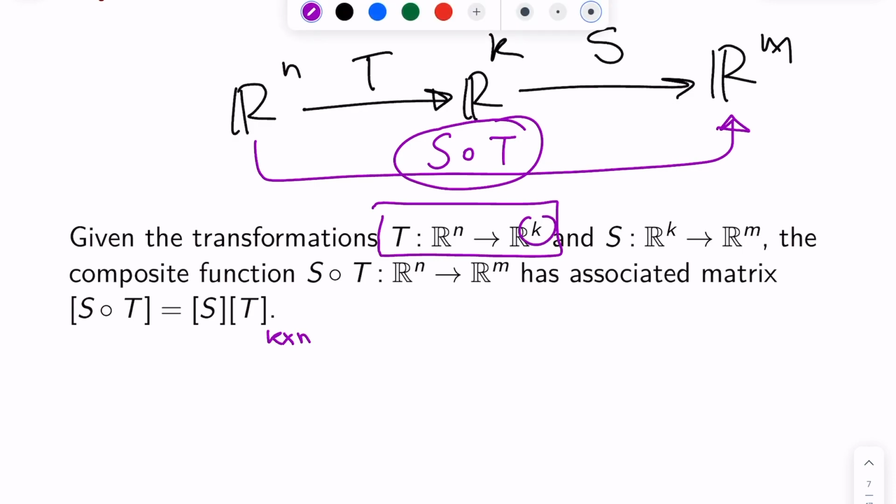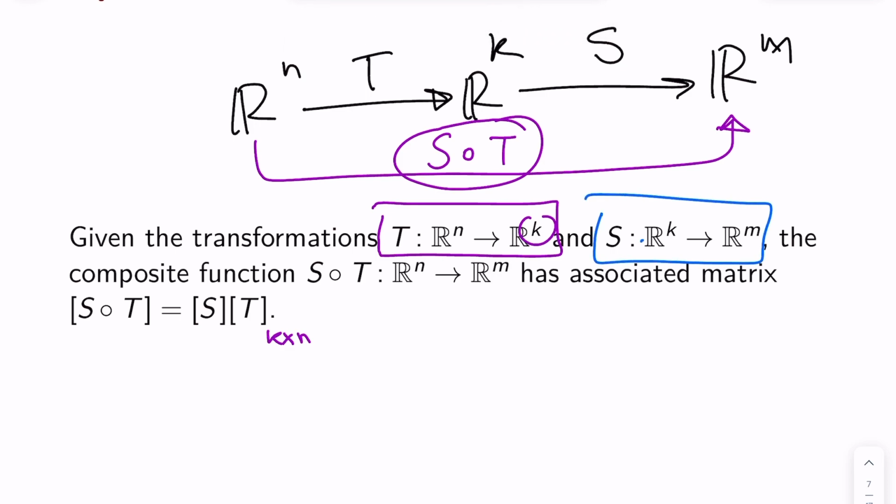And if this one S goes from Rk to Rm, so this matrix should be M times K. And so observe that what we obtain here is exactly the case in which the multiplication is possible, right? So these two are the same, and the final answer, this matrix should be M times N. That when we look at here is what it should be.